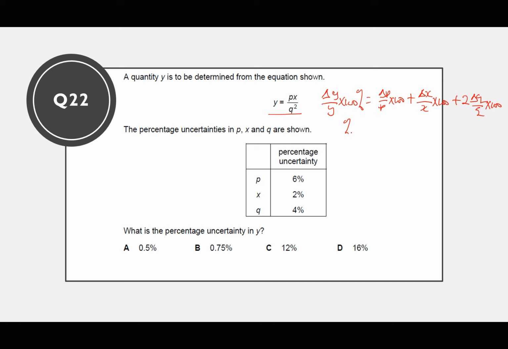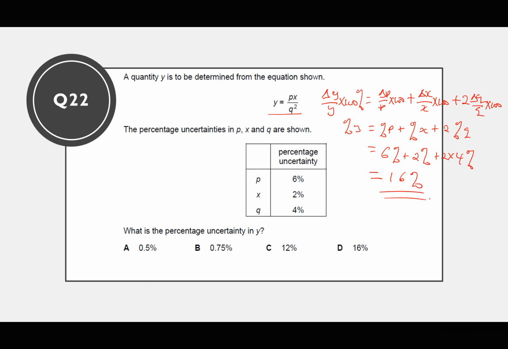So percentage in y is simply equal to percentage in P plus percentage in X plus twice percentage in Q. This will be 6% plus 2% plus 2 times 4%. And this gives us 8 plus 8, which is 16%.